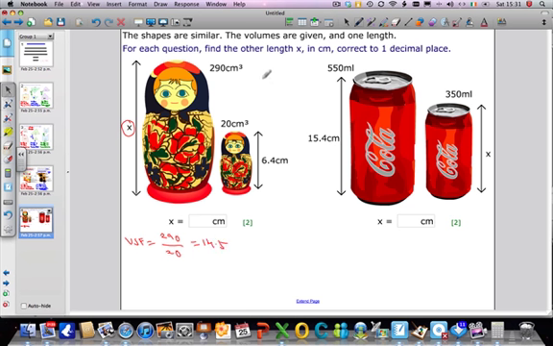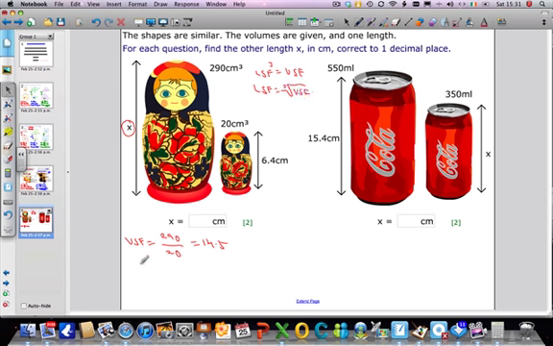If you remember from earlier, the linear scale factor cubed equals the volume scale factor. That means to get the linear scale factor, we need to take the cube root of the volume scale factor.